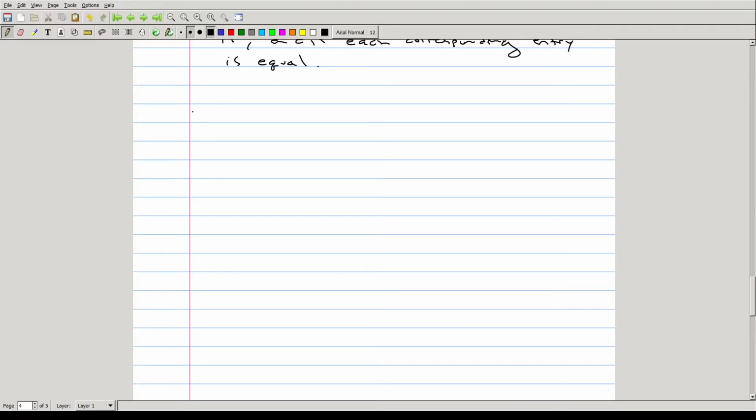For notational purposes, we can always write down any matrix as follows.